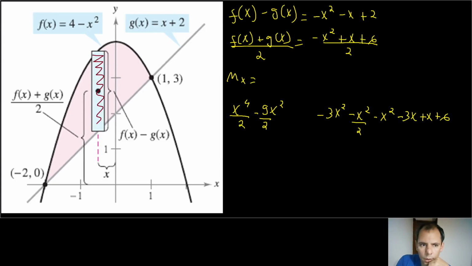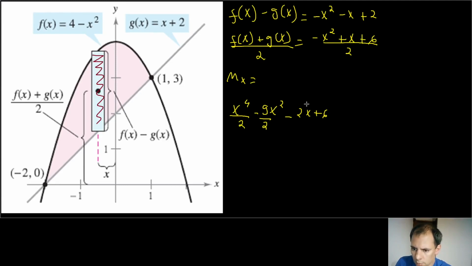Yeah, so this is already taken care of. And over here I have minus 2x plus 6. Now you see I'm going to exchange this. I'm going to put a 2 here. That means minus 4x plus 12, because now they all have a denominator of 2, right?